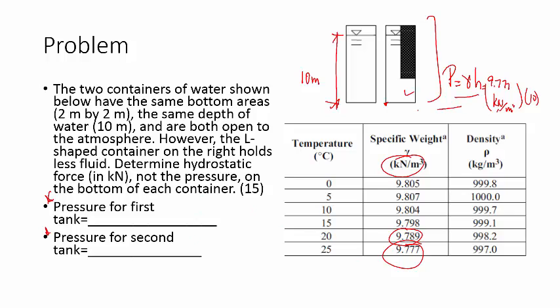so what we have is that the pressure is 97.7 kilonewtons per square meter.